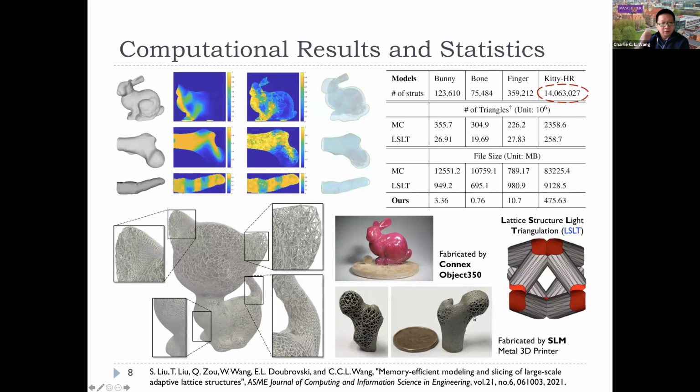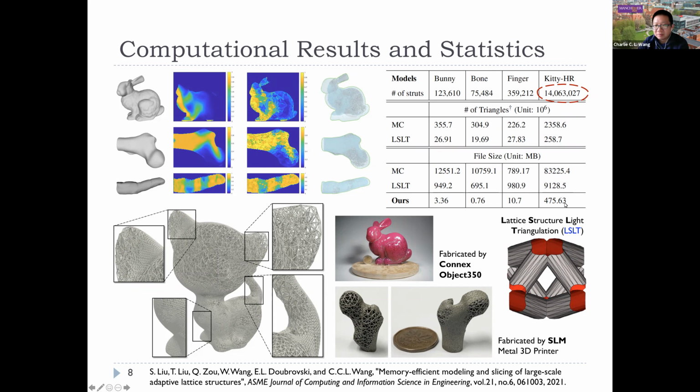Okay. So here shows a computational result and the statistics. You can see our method shows very good scalability. We are able to apply the method to a model with more than 14 million struts, and when we apply this model in our method, we only consume about 475 megabytes of memory.